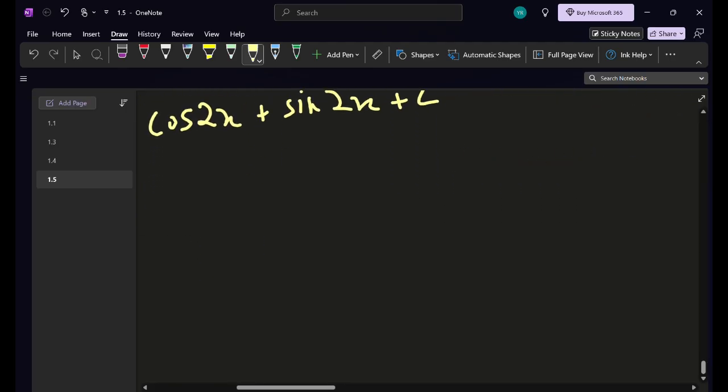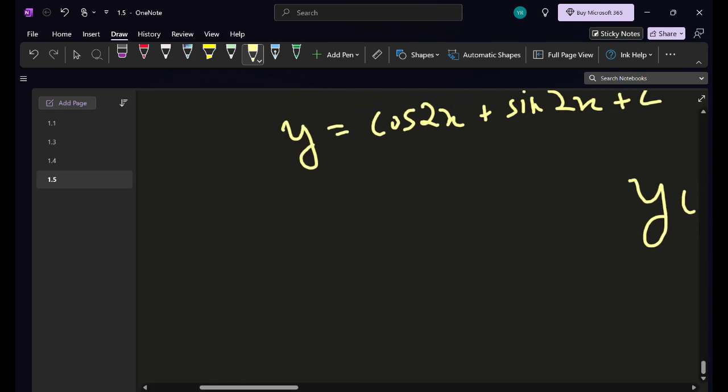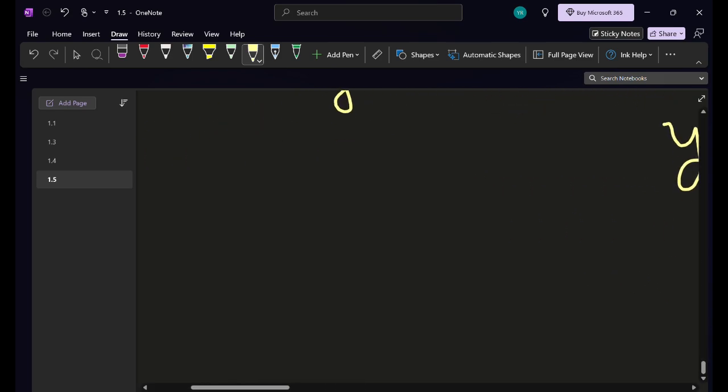Now the initial value problem which was given to us was y of pi by 4 is equal to 3. From here we can get that x should be put as pi by 4. So let's just do that.